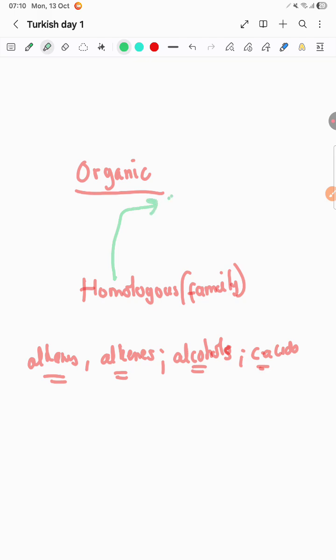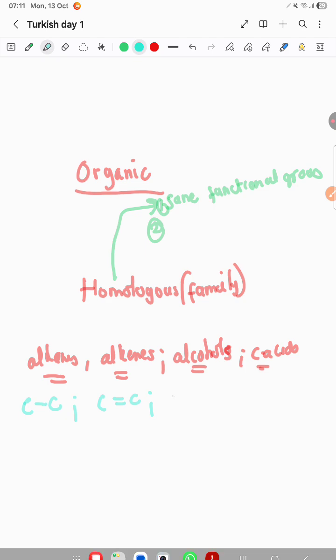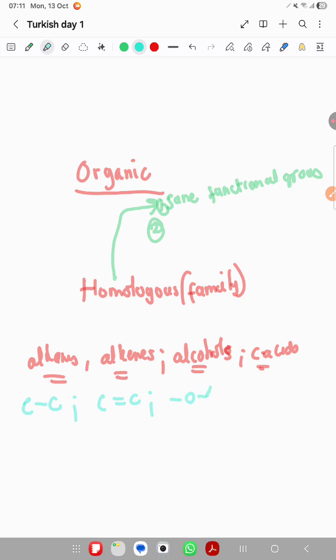One, they will have the same functional group. They'll have the same what? Functional group. Two, because they have the same functional group, for example, all alkanes have single carbon to carbon bonds, that's their functional group. All alkenes have double carbon to carbon bonds, that's their functional group. All alcohols will have the OH.